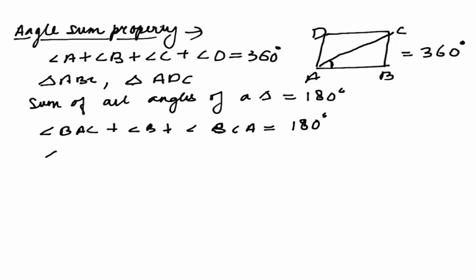Similarly, we can write angle D plus angle DAC, the other half of this angle, plus angle ACD, the other half of this angle, equals 180 degrees.